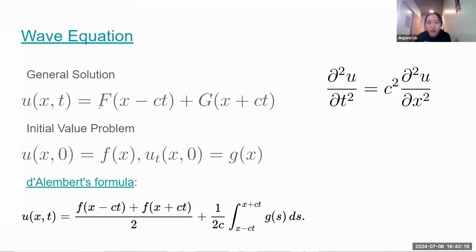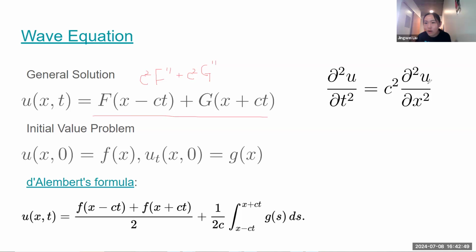So when we compute the second derivative of t of this formula, we can see there is a c square. You take two derivatives on this formula, there's c square up front, and this is f second derivative. And here is also a c square of g second derivative.